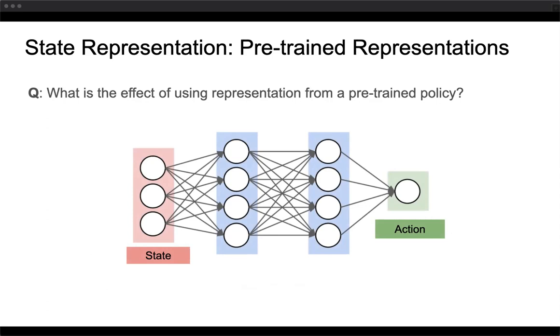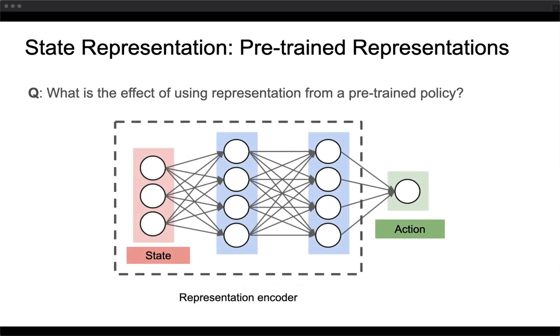And then after this policy has been trained, we remove the final layer and we use the output of the final hidden layer, everything up until that point, as a representation encoder, so that the default state gets as input and the output of that hidden layer is used as the new learned representation for training a new policy.